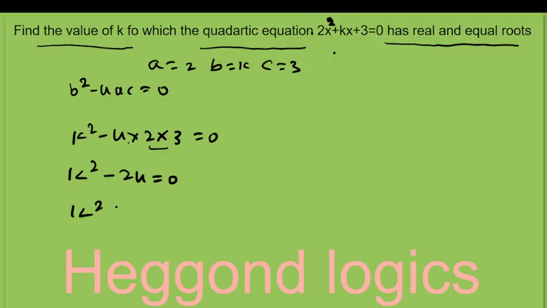Then k square is equal to, after transferring the 24 to the right side, that becomes positive. k square is equal to 24 and k is equal to square root of 24.